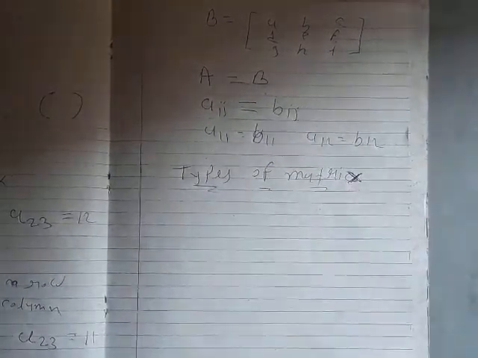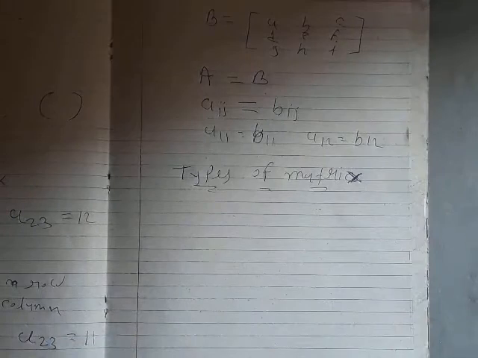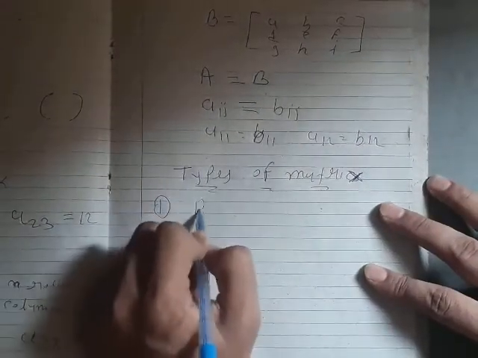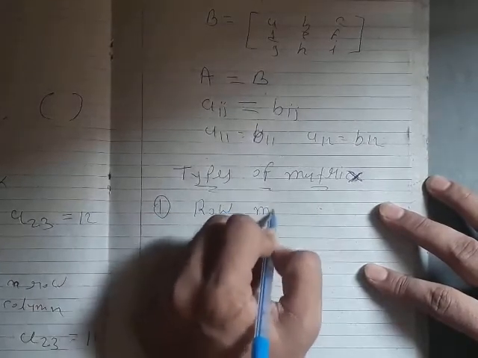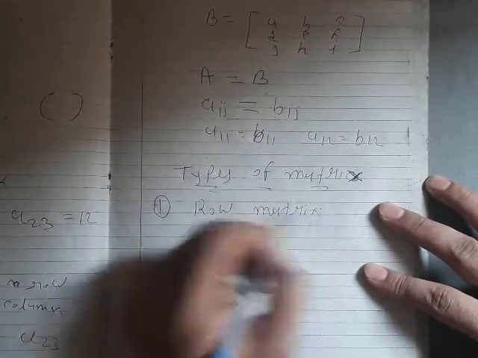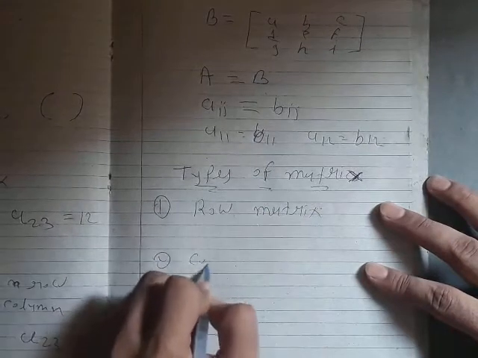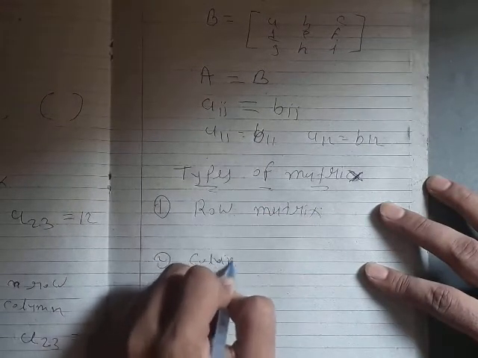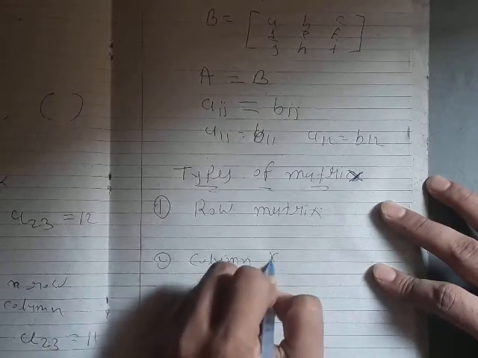So now what are the types of matrix? One of the simplest types are row matrix and column matrix.